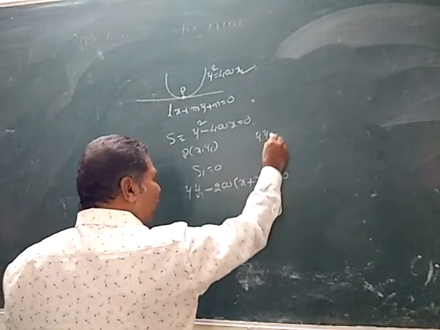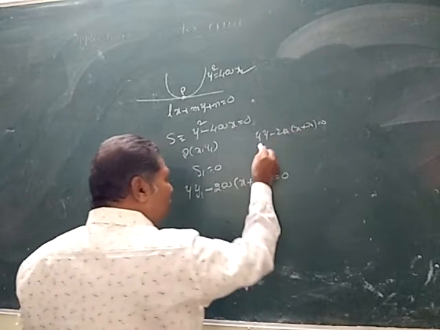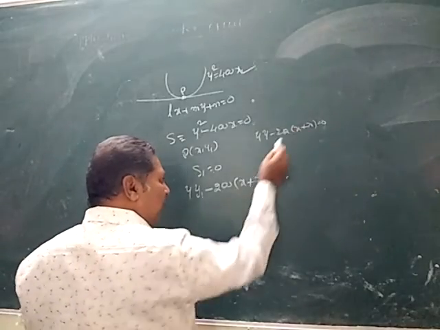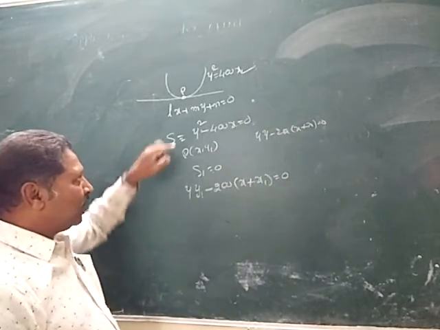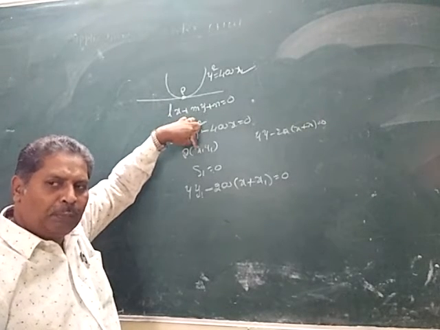This is S1, this is the given parabola, and P is a point on the parabola.